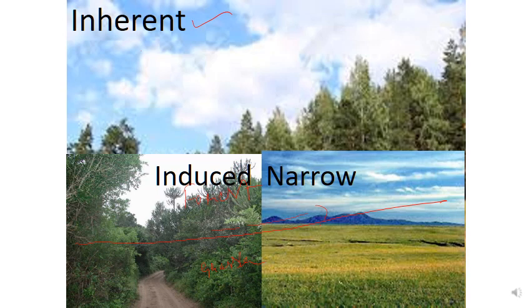In the case of narrow, one habitat abruptly ends and another begins. So I don't think you can clearly find any sharp line between these two habitats. On this side there is a forest, and here we have savanna or grassland. So it doesn't show a sharp or clear line like the inherent.